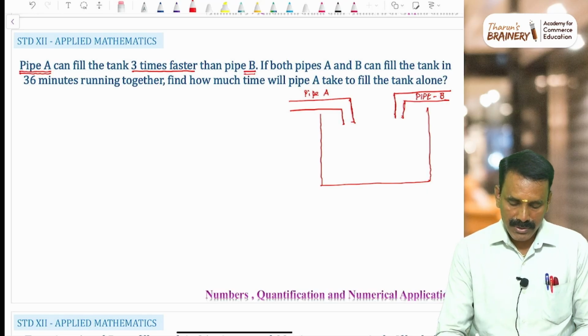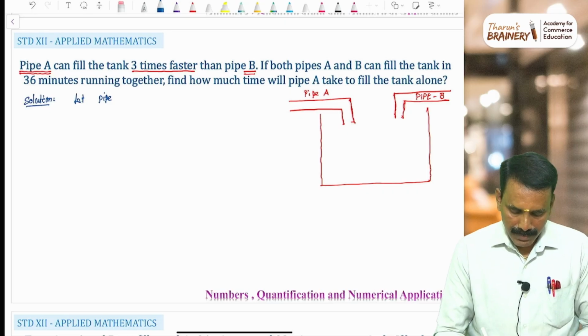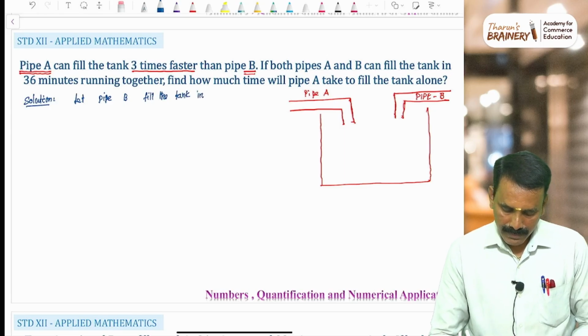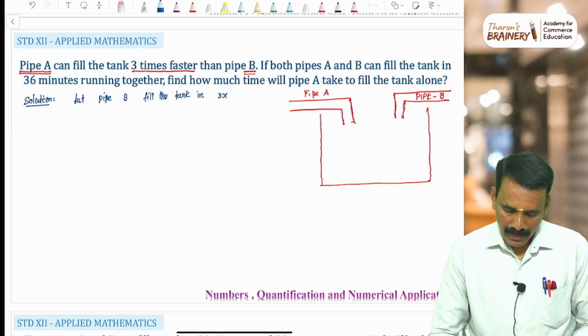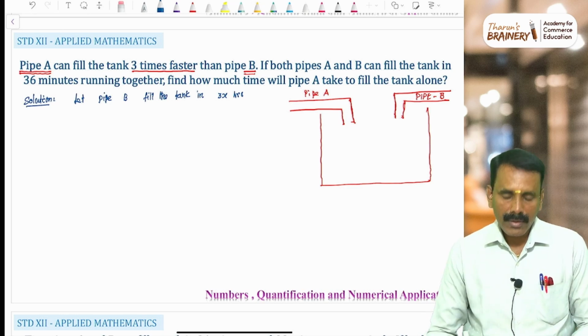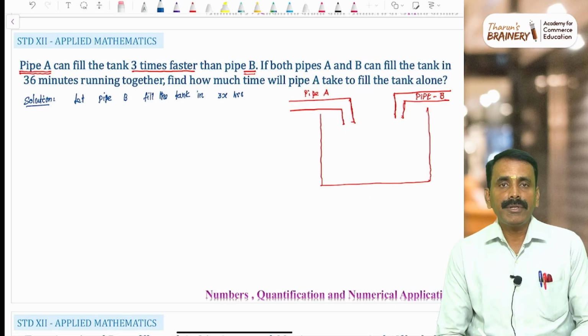So we start the solution. Let pipe B fill the tank in 3x hours. Why are we taking this as 3x, a multiple of 3?